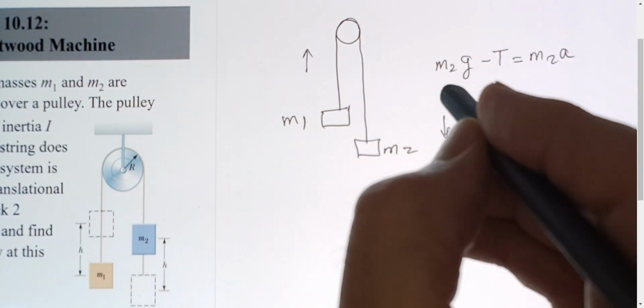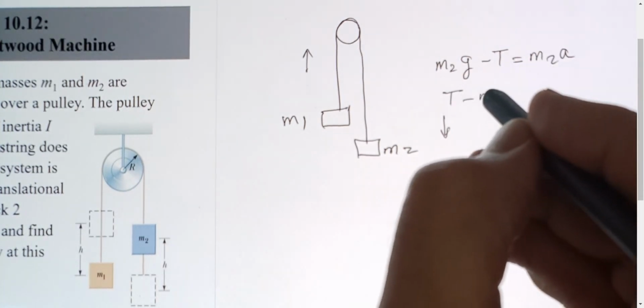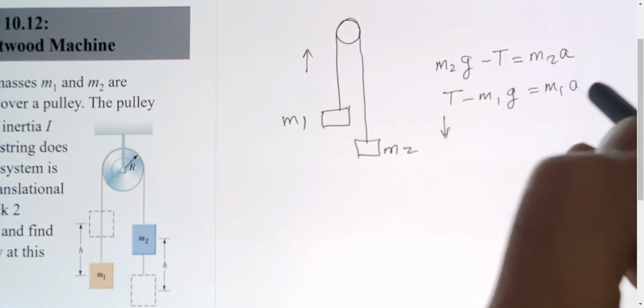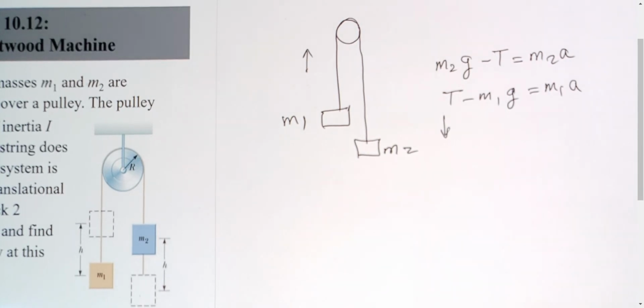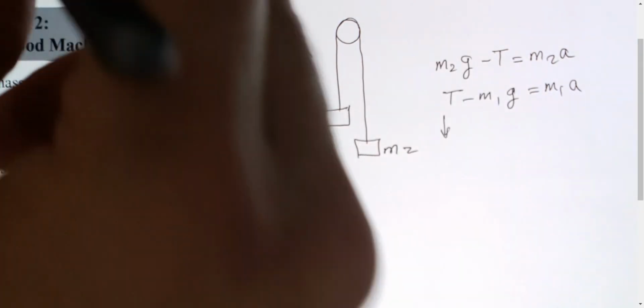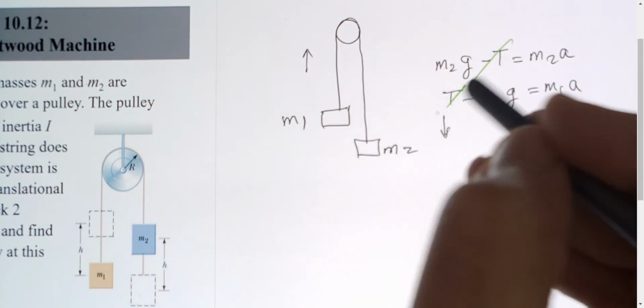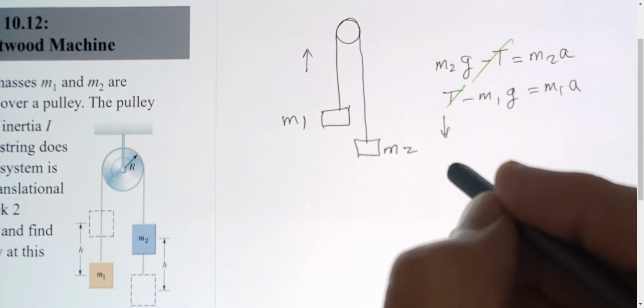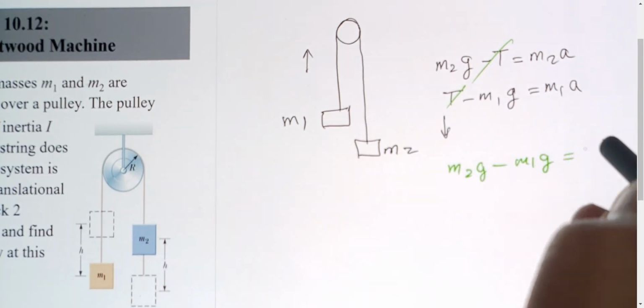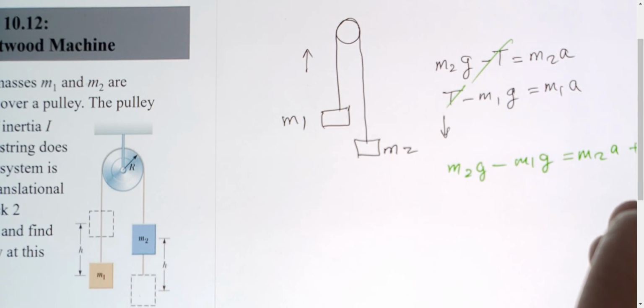And the second equation, T minus M1G is equal M1A. Remember that? The old nice days? Those were very nice days. And then we add the two equations, so T will go with T, and we end up with M2G minus M1G is equal M2A plus M1A. And we solve it. It's very easy.